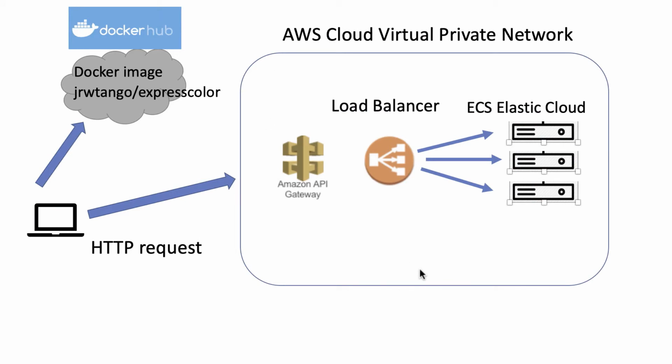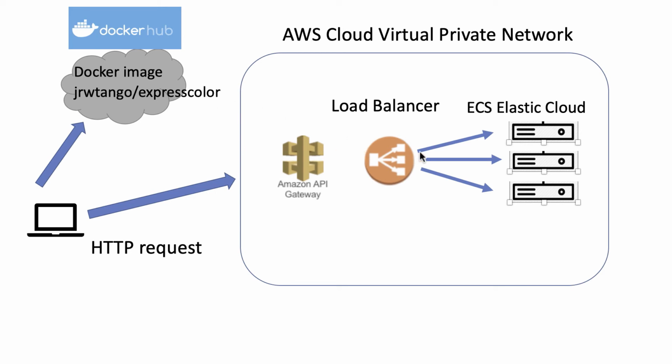So if you remember, we wrote a program on a machine using Node and Express. We created a Docker image locally. We moved that Docker image up to DockerHub, where we called it JRW Tango Express Color.